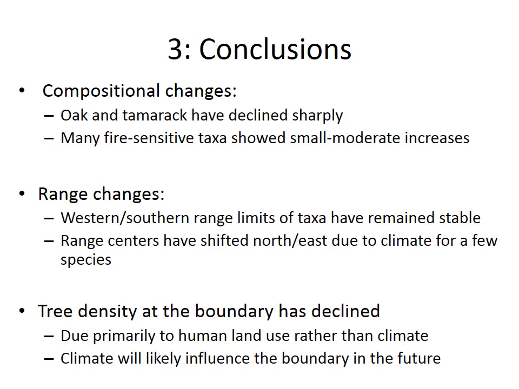And this is due a lot to removal of large numbers of trees in the west and south, but for a few species also due to the fact that the climate is better in the north and they're moving to the north. So tree density at the boundary, the prairie forest border, has declined due to human land use rather than climate, although it's likely that climate will influence that boundary in the future.